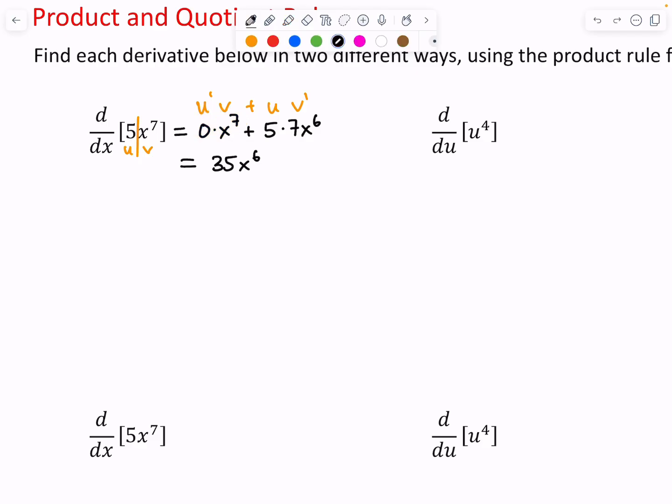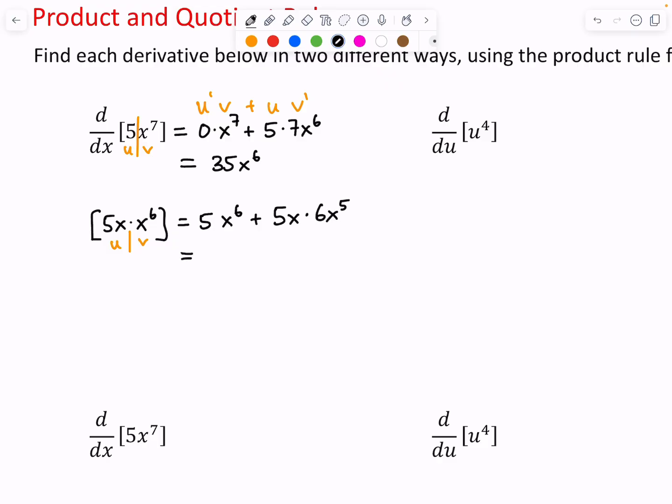Now just to show variety, it's also possible to split 5x to the 7th as 5x times x to the 6th, or some other way: 5x squared times x to the 5th, 5x cubed times x to the 4th, etc. But if I split it this way and think of my u and my v, then the derivative would be u prime, so the derivative of 5x is 5, times the second, which is x to the 6th, plus the first, which is 5x, times the derivative of v, which will be 6x to the 5th.